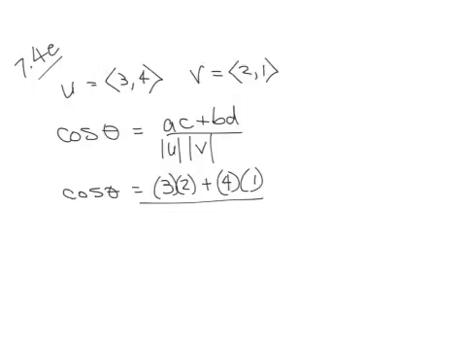u and v. So u is 3, 4, and then v is going to be 2, 1.